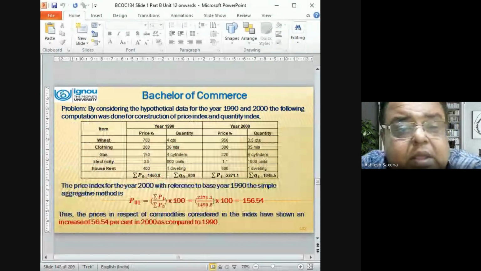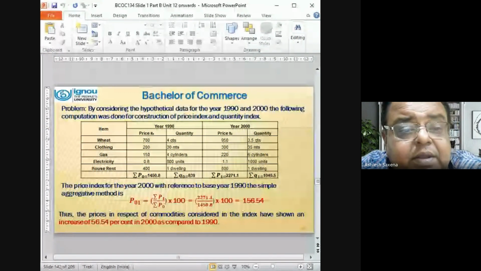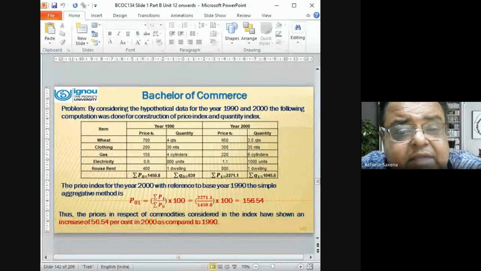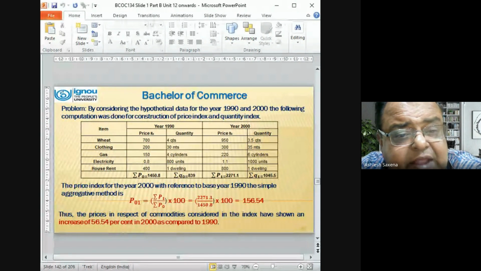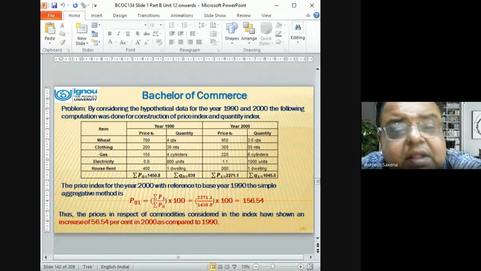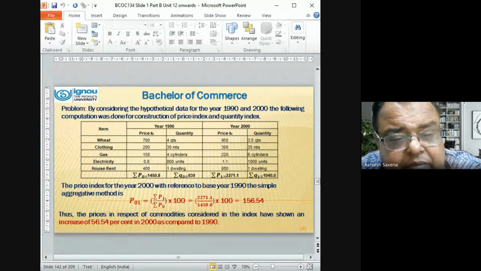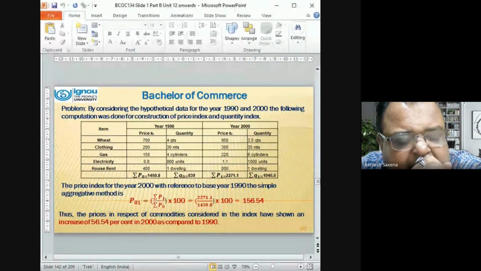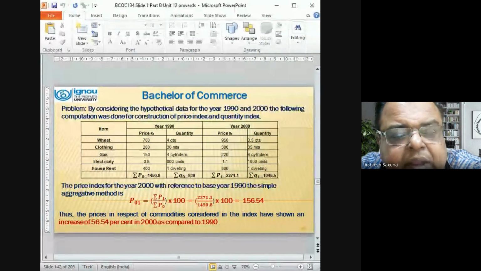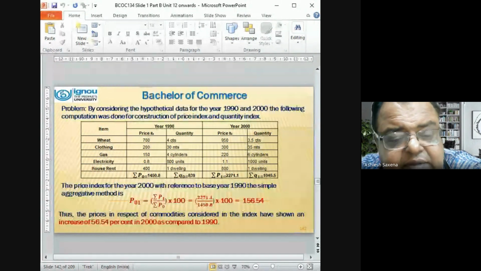Now, we have a problem here considering hypothetical data for the years 1990 and 2000. The following computations were done for construction of price index and quantity index. You can see that we have two years, 1990 and the other one 2000. Items are wheat, clothing, gas, electricity, housing.